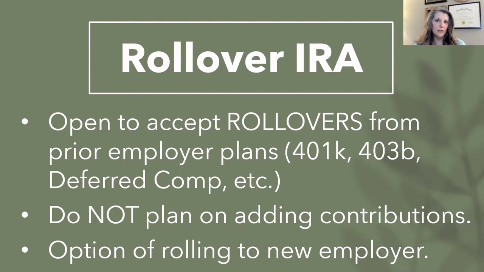But with a rollover IRA, they know for sure that came from their old employer and 100% of that was put in pre-tax, and they will have to pay taxes on 100% of that rollover IRA. I will tell you, I don't use rollover IRAs very often, but it is available for those that need some different techniques.